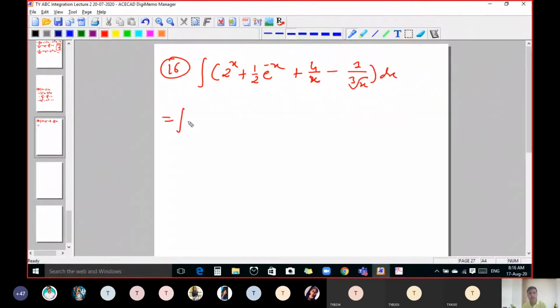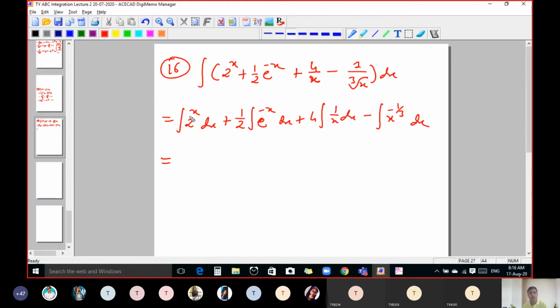So let us take separate integration of each term, taking constant outside, taking 4 outside. Minus, once again this is cube root of x, which means x raised to 1 by 3, and if we take it in the numerator we get minus 1 by 3.